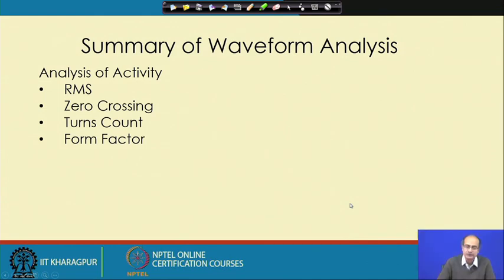Now, let us look at the other set of waveform analysis techniques. Here we have the techniques for analysis of activity. Primarily they are concentrating on the frequency part of it, most of them, except for the RMS value. RMS is looking at the energy of that signal and how it varies with time.